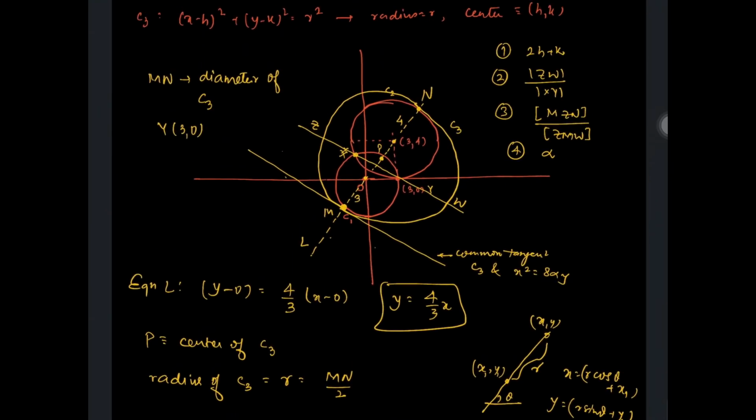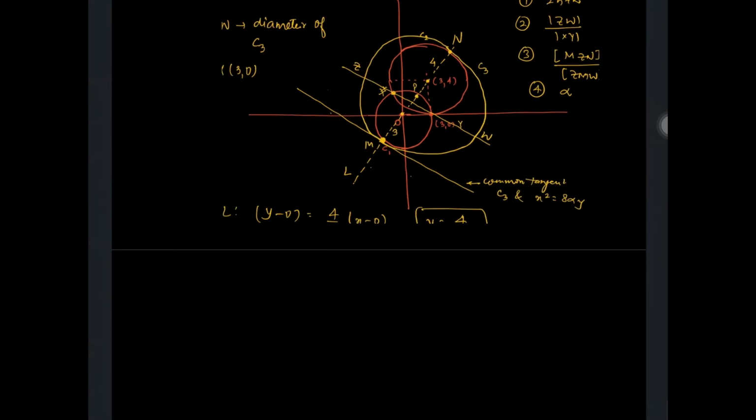Now the second is the length of ZW by length of XY. So next we have to find length of ZW by length of XY. Okay, we know the coordinate of P. So let's see this line. So the equation of line ZW is what?